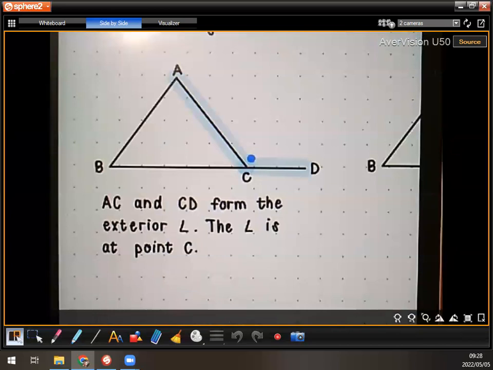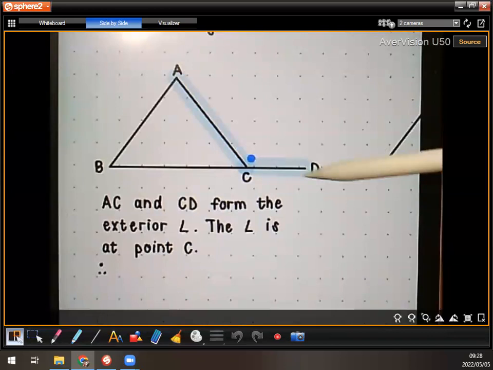AC and CD form the exterior angle. The angle is at point C. You won't have to write that down every time you use it. Okay, we're just writing all the information down as our note.